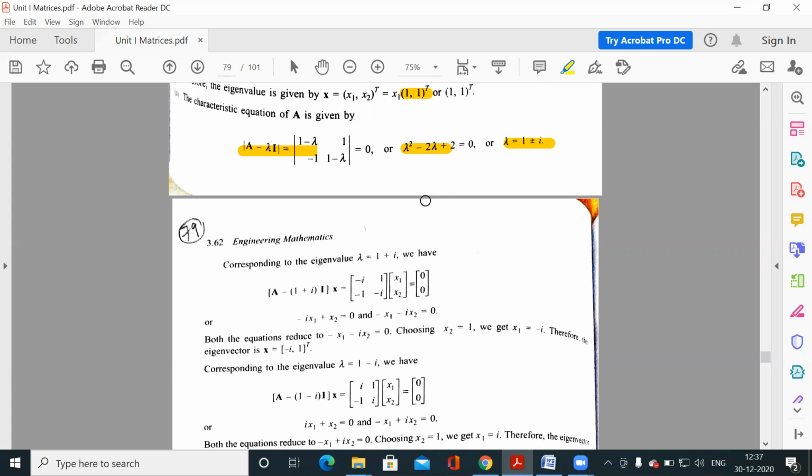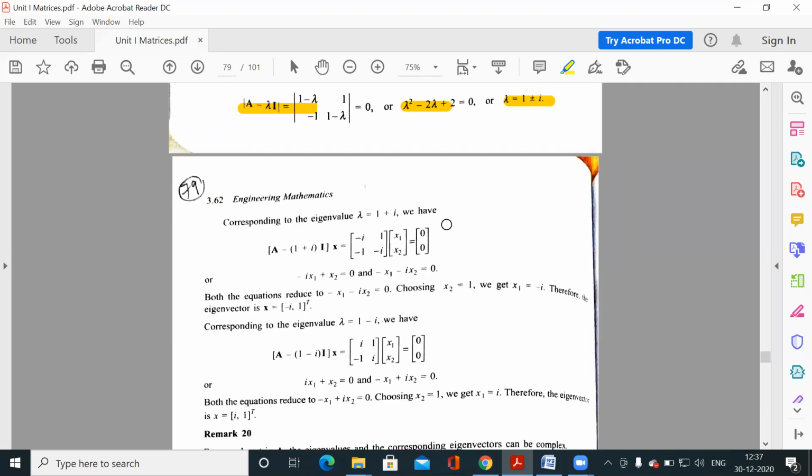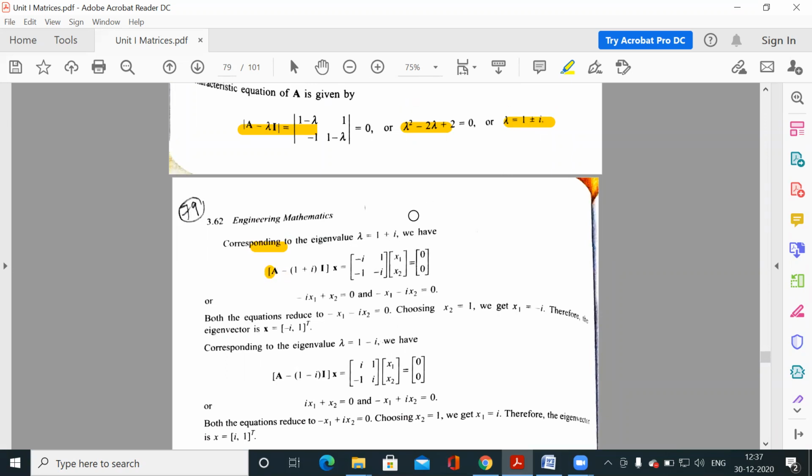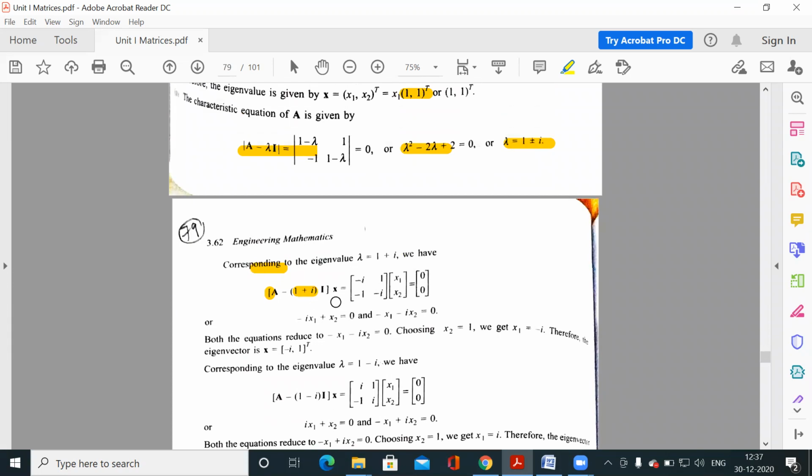So for a real matrix we can get complex eigenvalues, but the procedure is the same. Now you have to find the eigenvector. What you will do is A minus lambda I. There are two eigenvalues, 1 plus i and 1 minus i. First take 1 plus i as the eigenvalue, so you subtract 1 plus i from the diagonal elements of A.